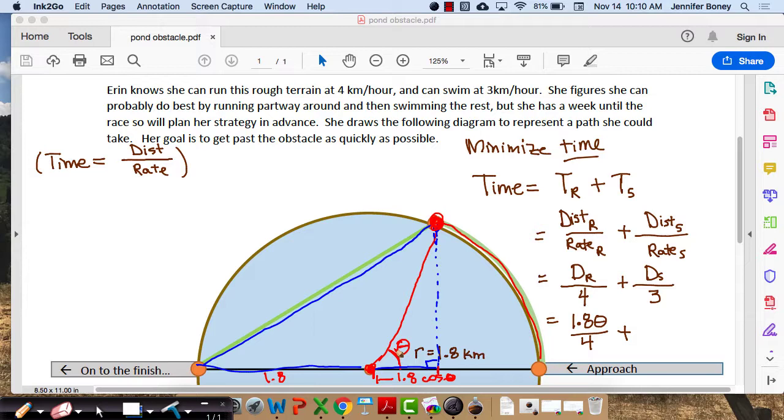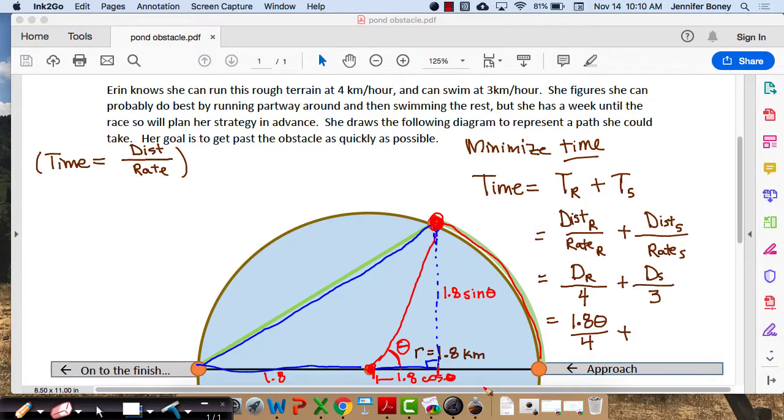And the height of this triangle measured from, assuming this is through the center, we can imagine this is the x-axis here. This height would be 1.8 sine of theta, measured in kilometers. So the distance is 1.8 times the sine of theta kilometers.